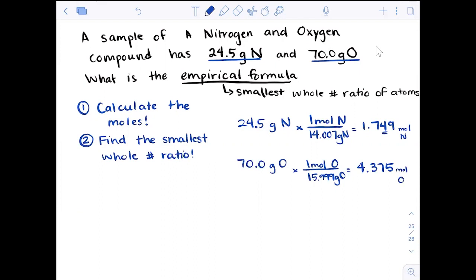Now, those don't look like whole numbers. And we don't want to round here either. We don't want to say 1.7 is 2 and 4.3 is 4. That's not what it is. So to find the smallest whole number ratio, what we actually want to do is imagine that these are subscripts. 4.375 under oxygen. I'll make nitrogen's a little smaller.